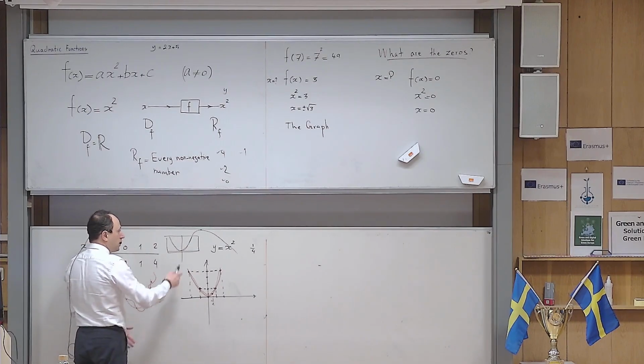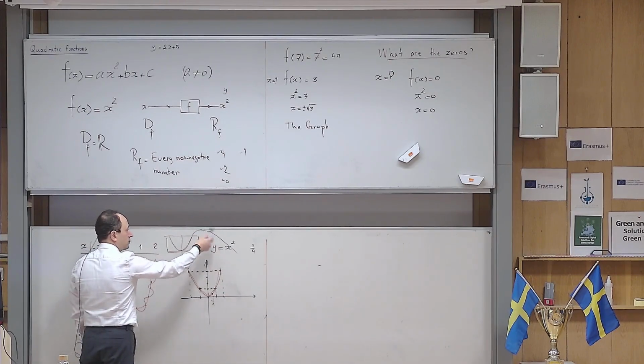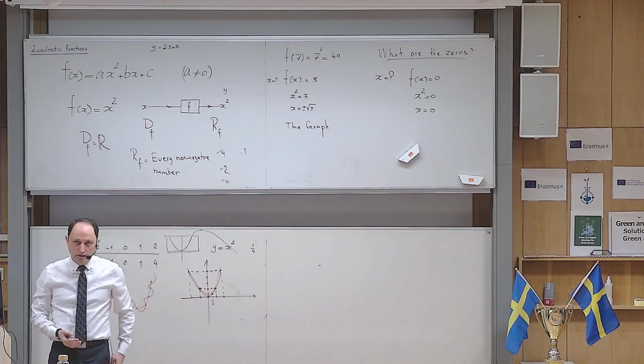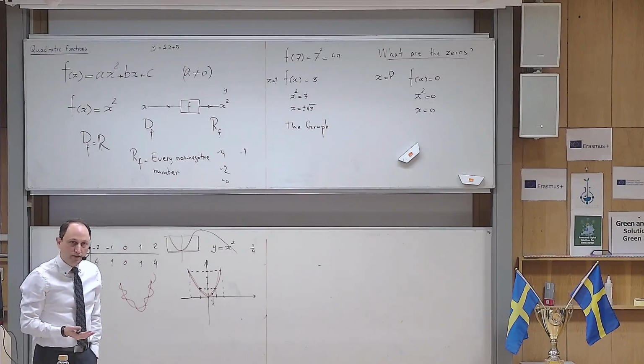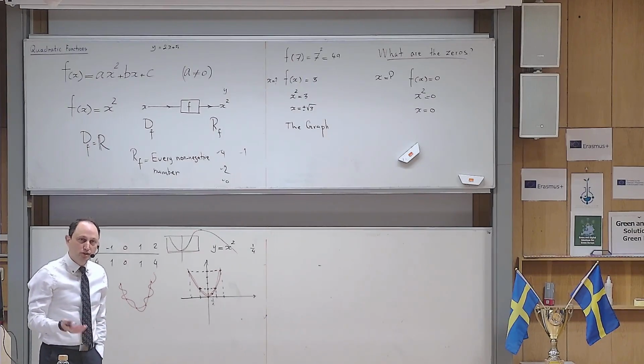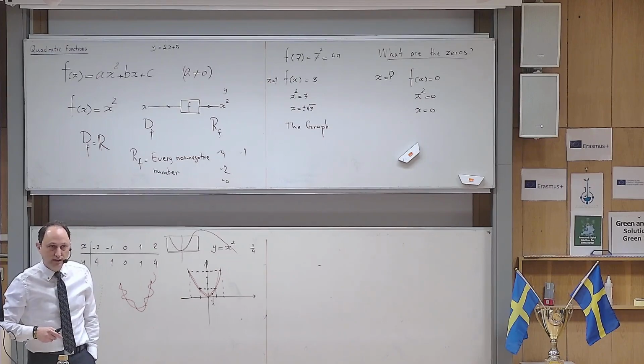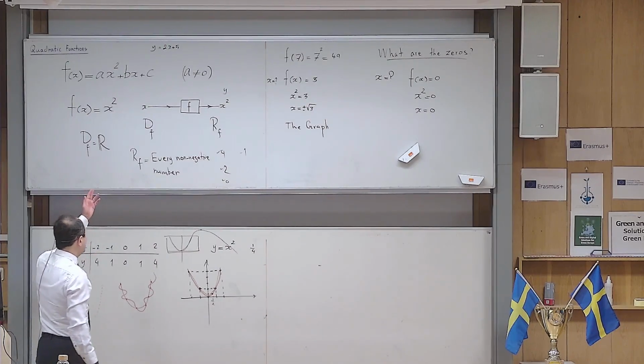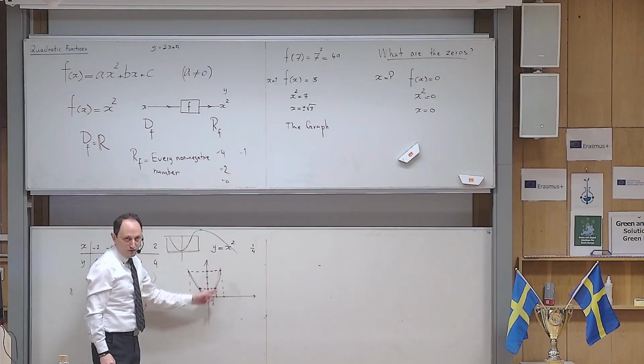How do I know I will not get any interesting parts of the graph outside of the screen that I am looking at? How should we be able to answer this? This is coming from the notion of derivative that you will study next year. So I want you to keep in the back of your head that this question is still open. But for these functions, this is the best we can do. Okay?